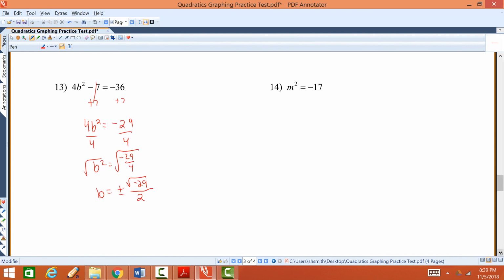Now remember, when you have a square root of a negative, you have to put an i in your final answer. So the actual answer is b is plus or minus i square root of 29. Negative goes away because that's where the i is. So your answer is negative i square root 29 over 2, i square root 29 over 2.